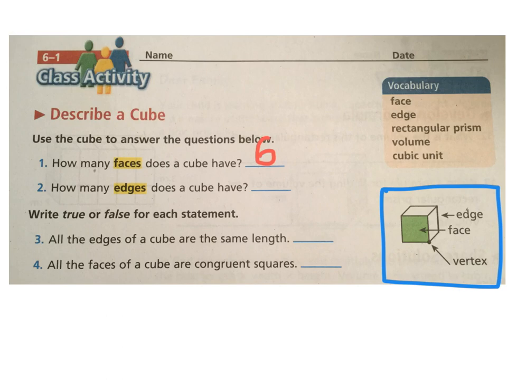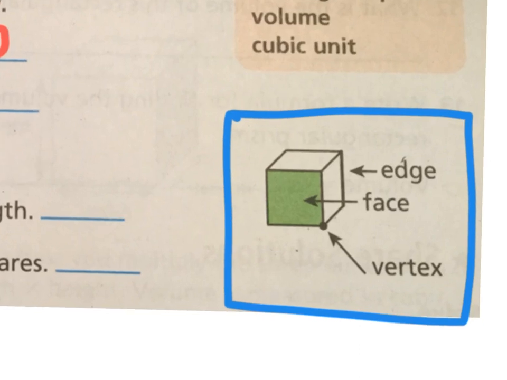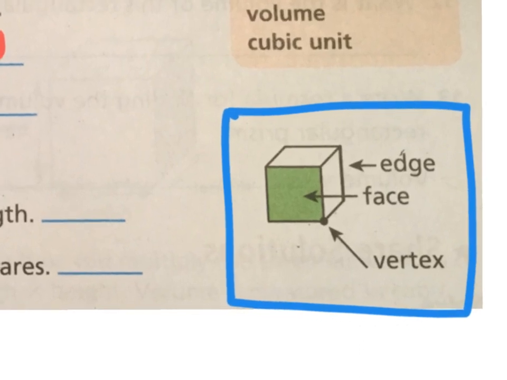Okay, how many edges are there? All right, I'm going to try to draw this. Let's see how I do. Make this part bigger while I draw it. If I take the front face, there's 1, 2, 3, 4 edges on the front, which means on the back, that's 4.